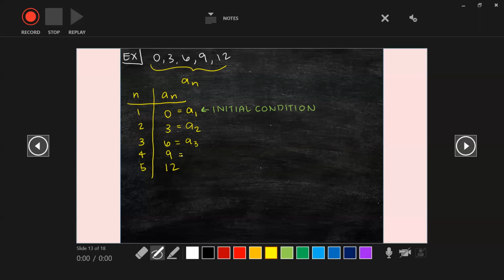Emma, what do you think the next one is? How do we read it the correct way? A sub 4. And then Kaden, what about the last one? A sub 5. So those are all of the names of the terms.